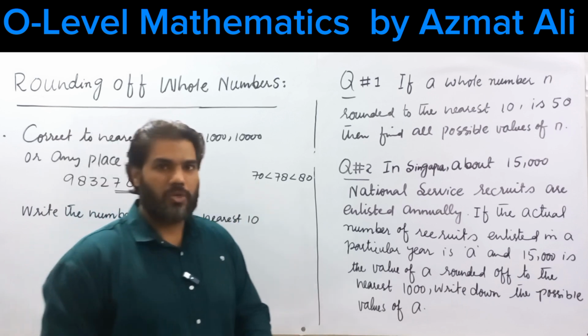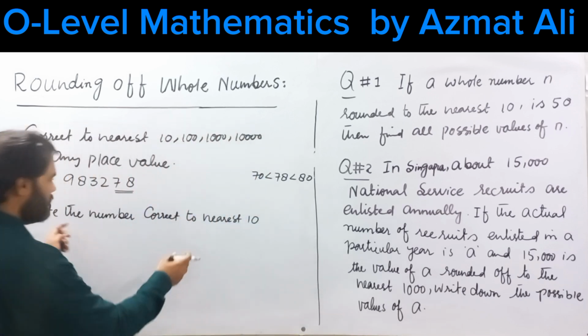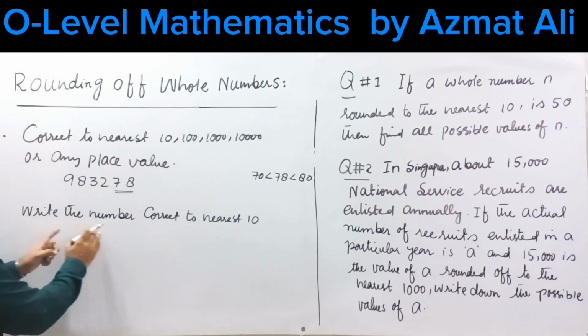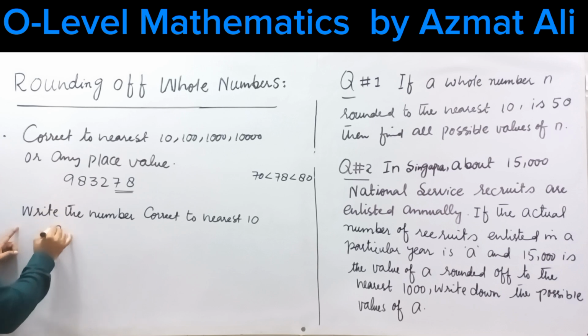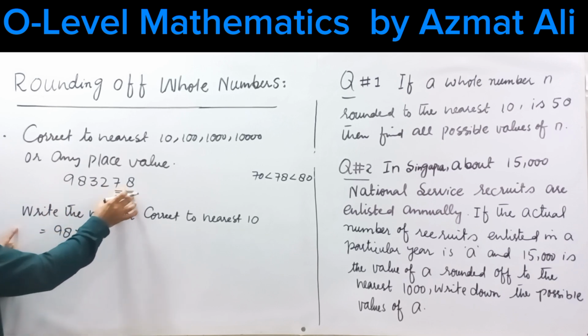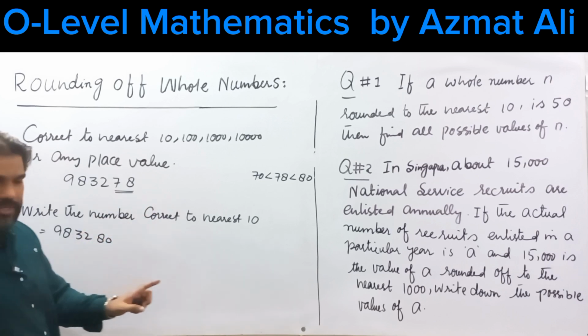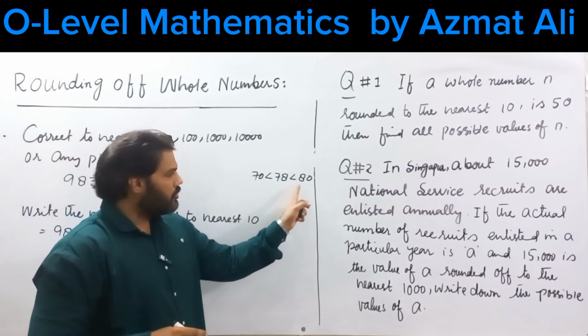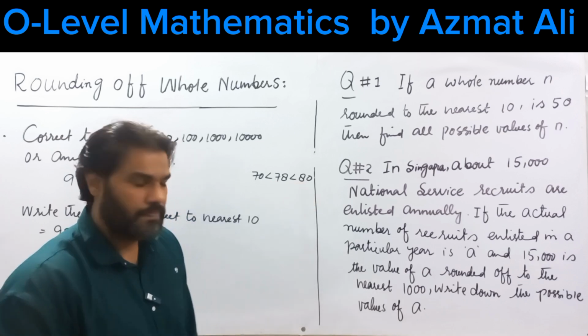So 78 is closer to 80 than 70. So the answer of the first part, write the number correct to the nearest 10, is simply: we write the number 982 as it is and replace 78 with 80, because 78 is closer to 80.